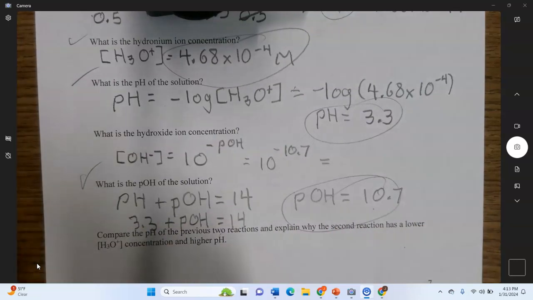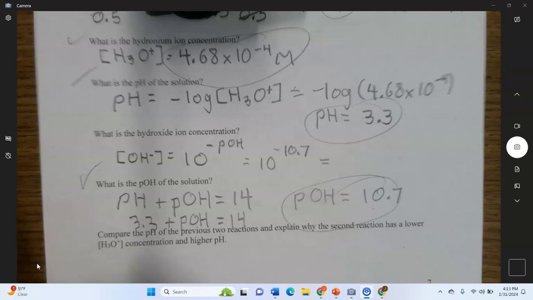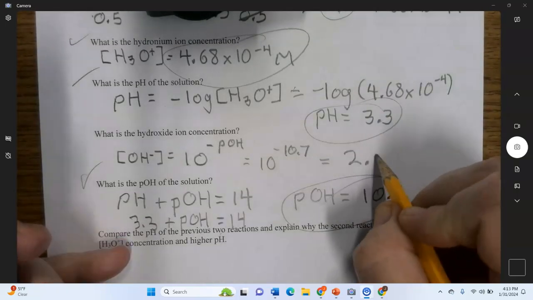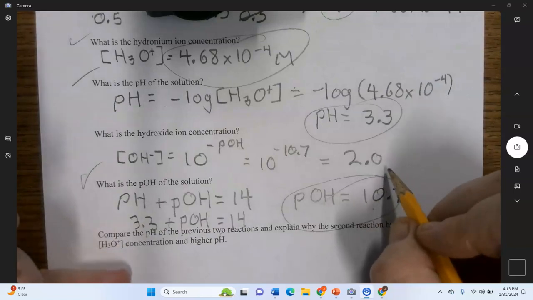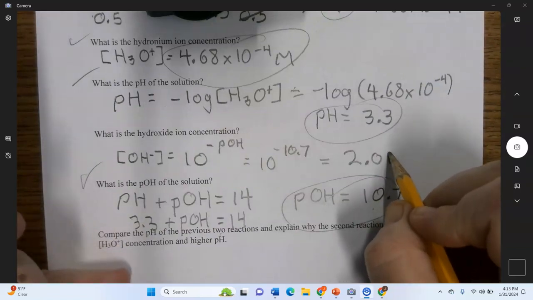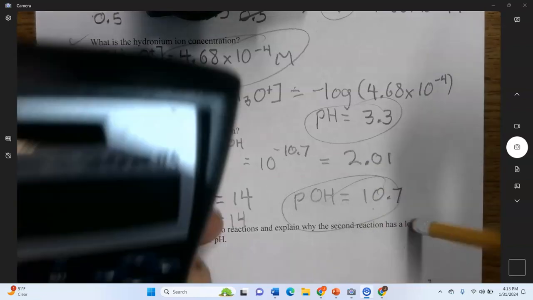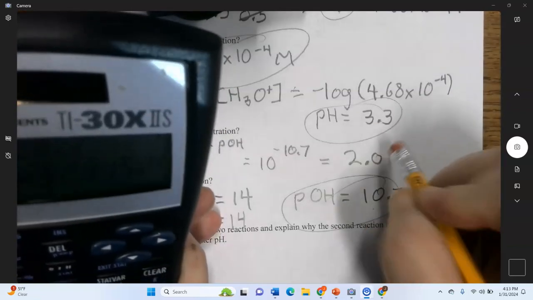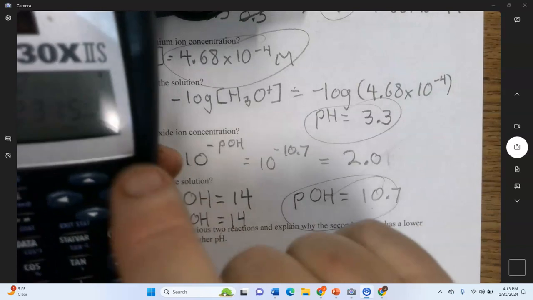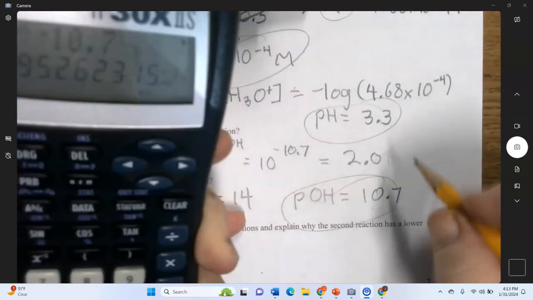And what does that give us? It gives us 1.99, or I'm going to say 2.0 molar. Oh, 2.0 times 10 to the minus 11. Sorry about that. Gotta watch it. There is a negative 11 there.